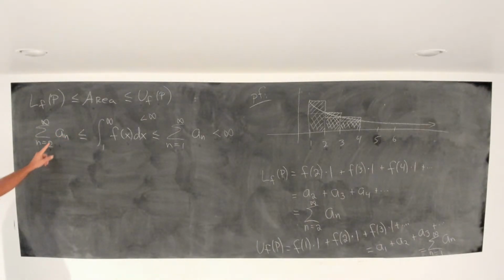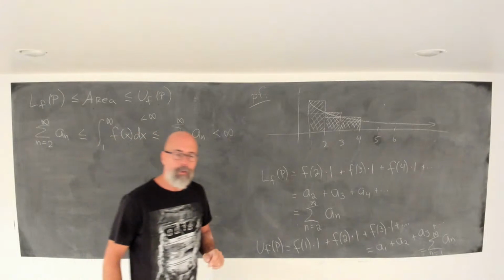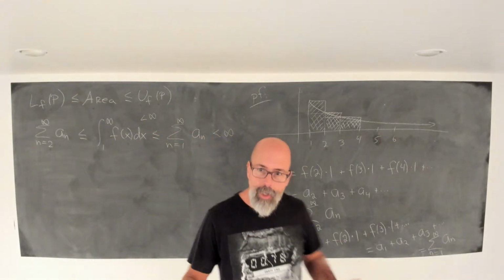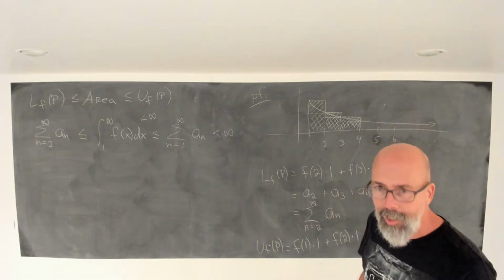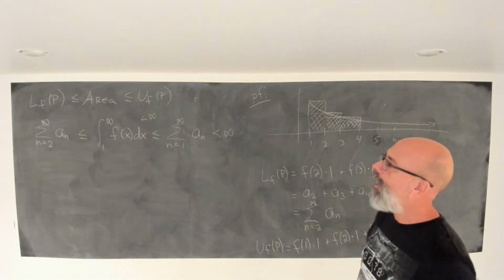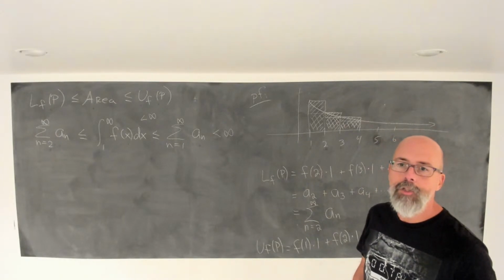But of course, all you're missing here is one term, the A1 term. And that is a finite term. So if you throw in a number, no matter how large it is, it's not going to have an incidence on the convergence or divergence of the series.